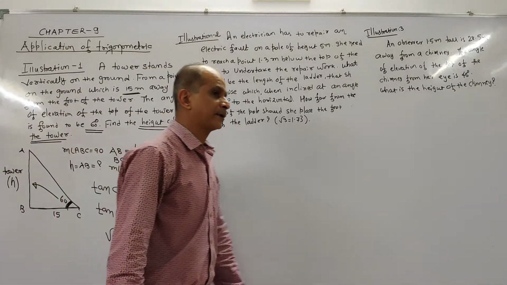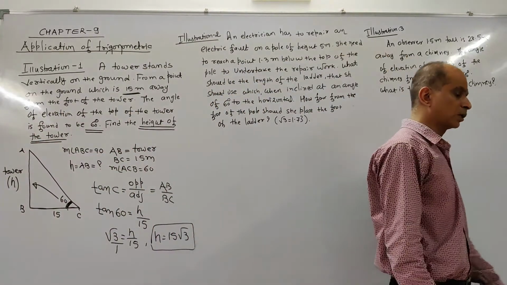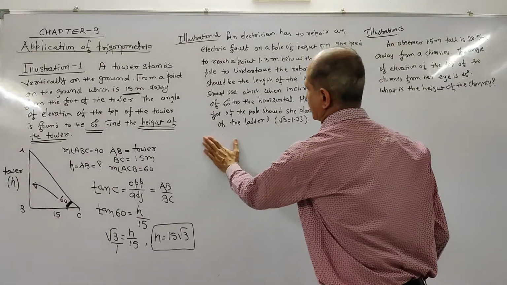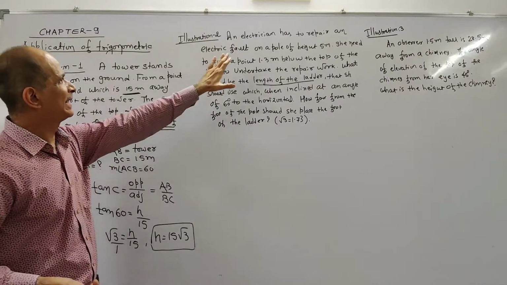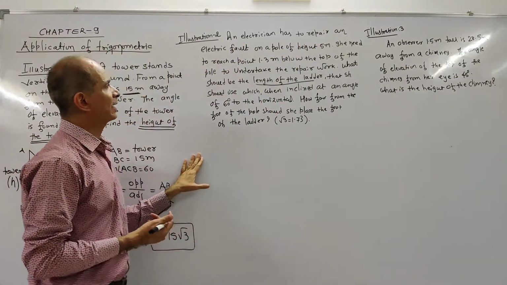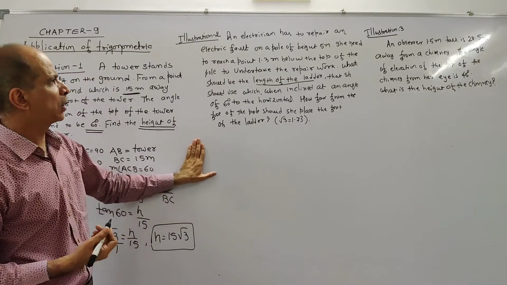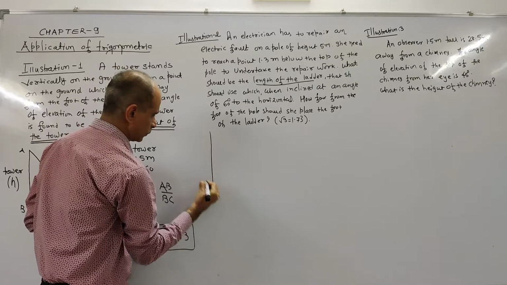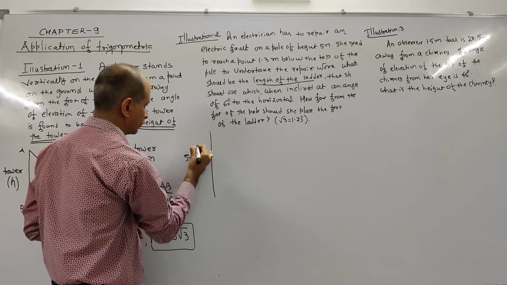Well, now illustration number 2. It is also on the basis of angle of elevation. An electrician has to repair an electric fault on a pole of height 5 meters. So first of all, let me draw a pole of 5 meters.